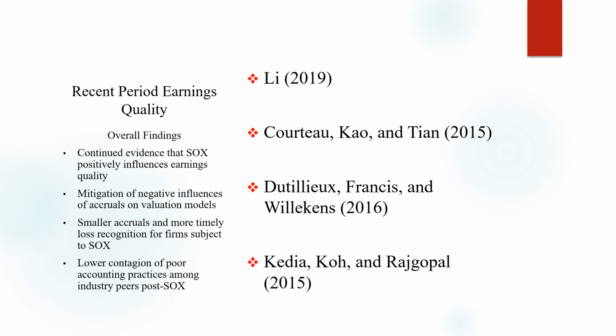But post Sarbanes-Oxley, that did not occur. So when we look at the idea of earnings quality, even in the most recent period, it tends to line up with the prior period also, and that is we continue to see a march towards higher earnings quality.